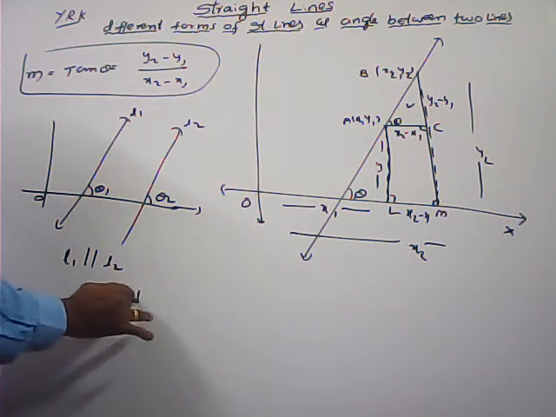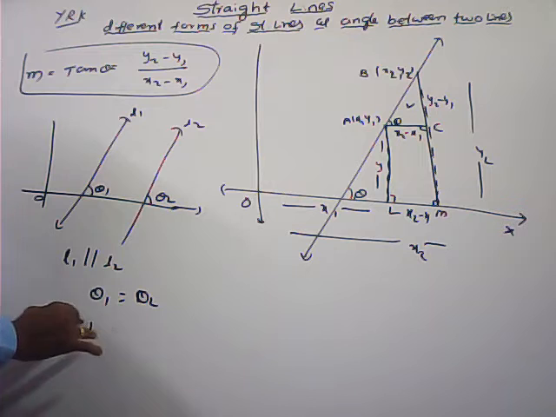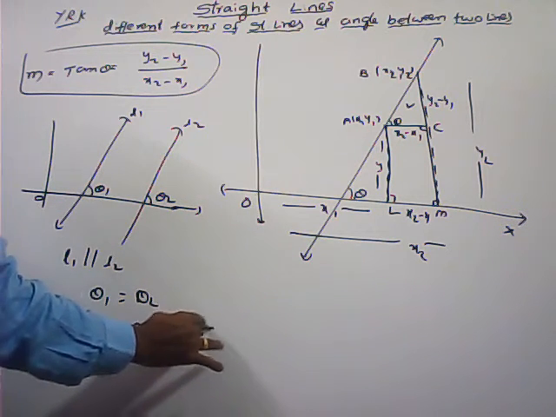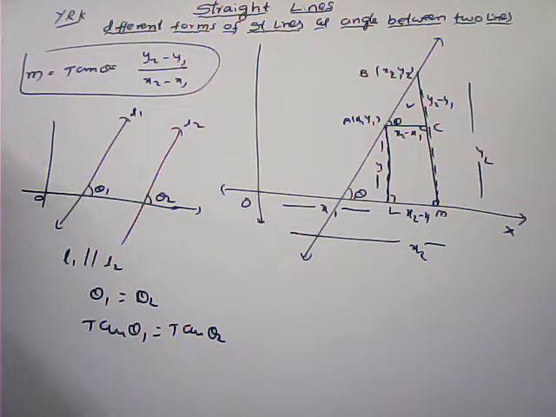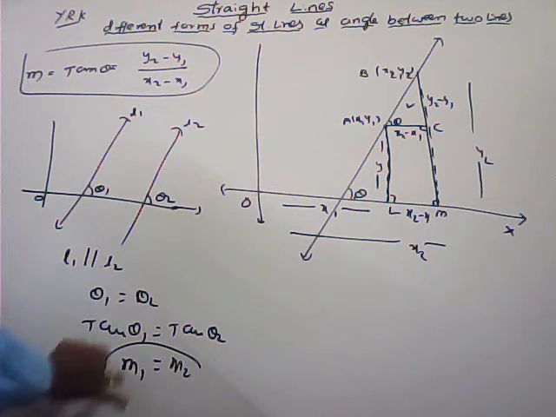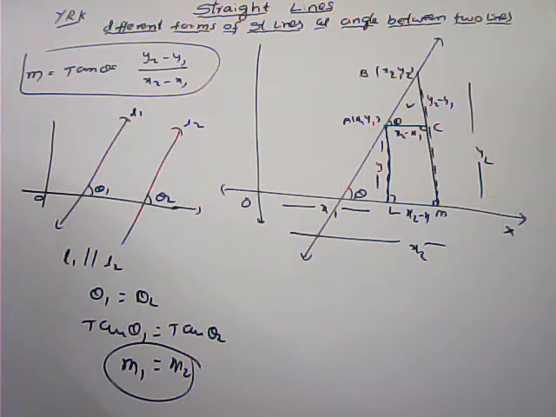Theta 1 is equal to theta 2, and taking tan on both sides, if these two angles are equal, their tangents are also equal. Tan theta 1 I am representing with m1, so m1 is equal to m2. So if two lines are parallel, their slopes are equal.